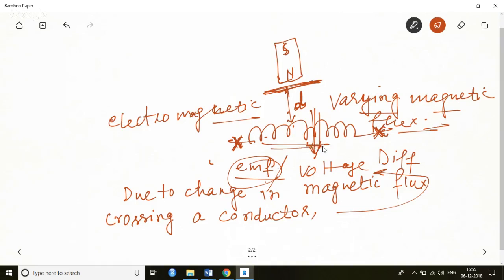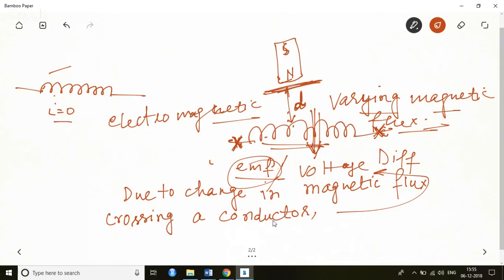Why is it known as electromagnetic induction? Suppose there is no current in it. Let me draw it again. I have just kept this coil like this. There is no current, I is equal to 0 initially. Now what happens when I place this particular coil in a magnetic field which is varying?